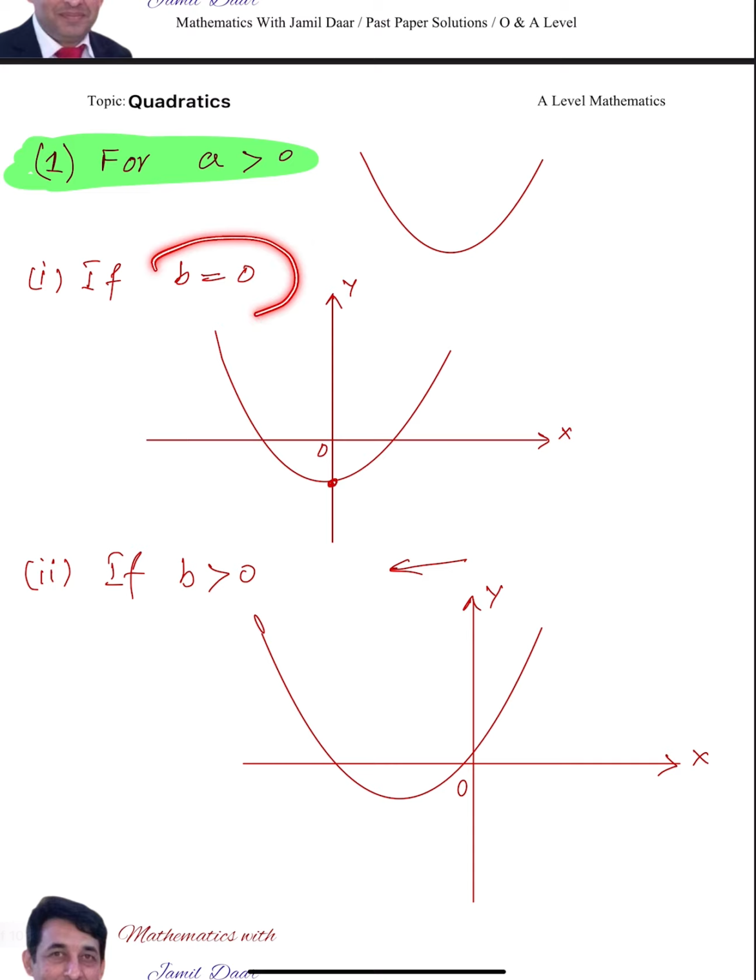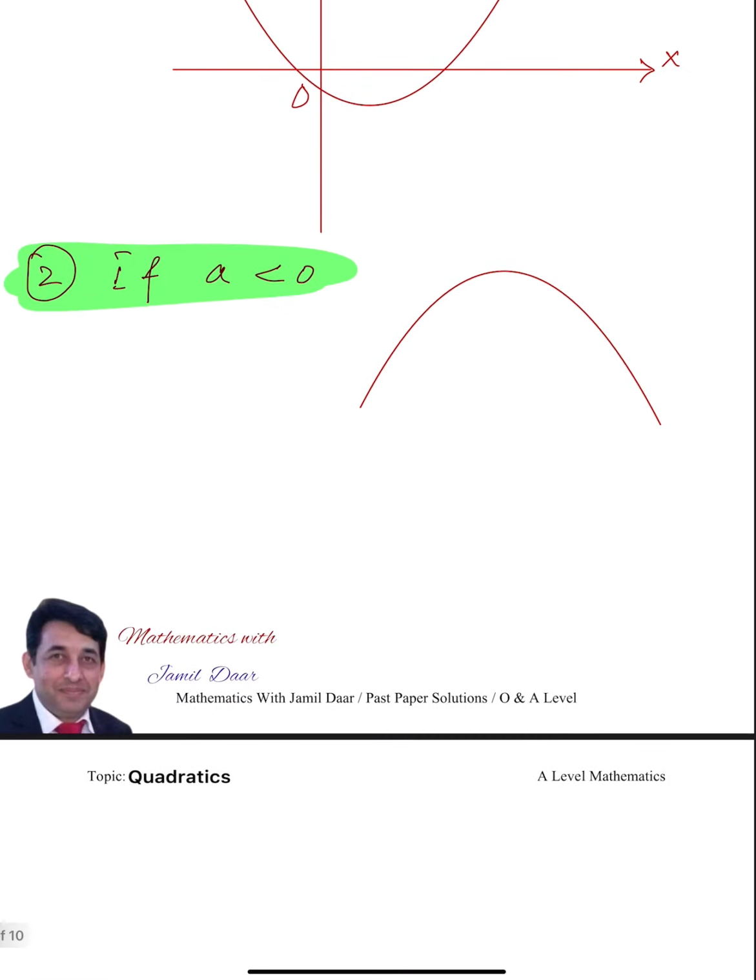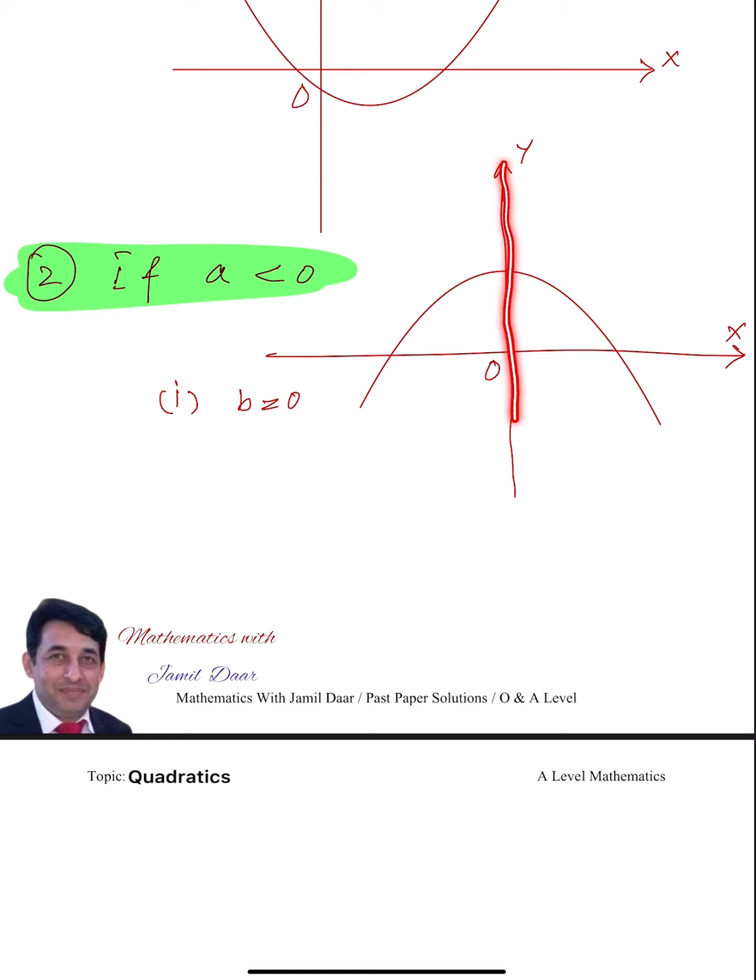If b is equal to 0, the graph would be half and half. The y-axis would be the line of symmetry of the graph.